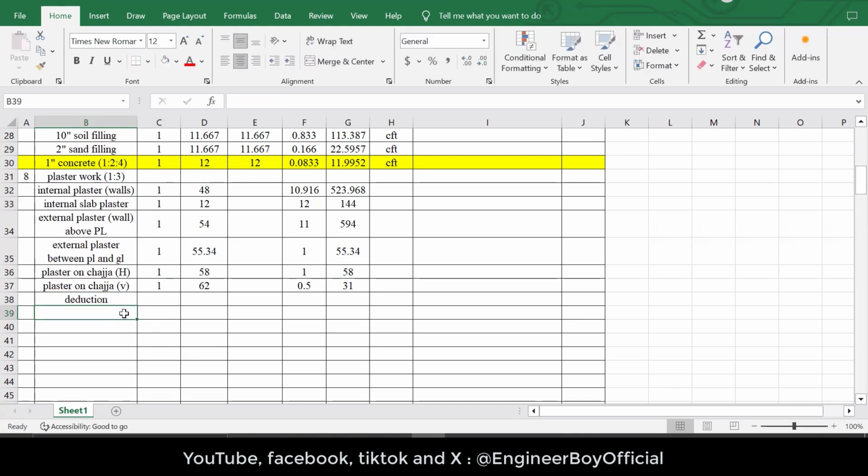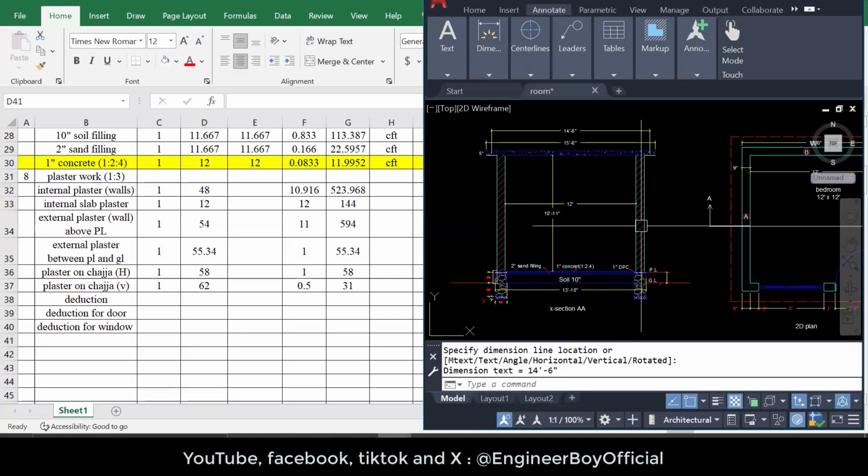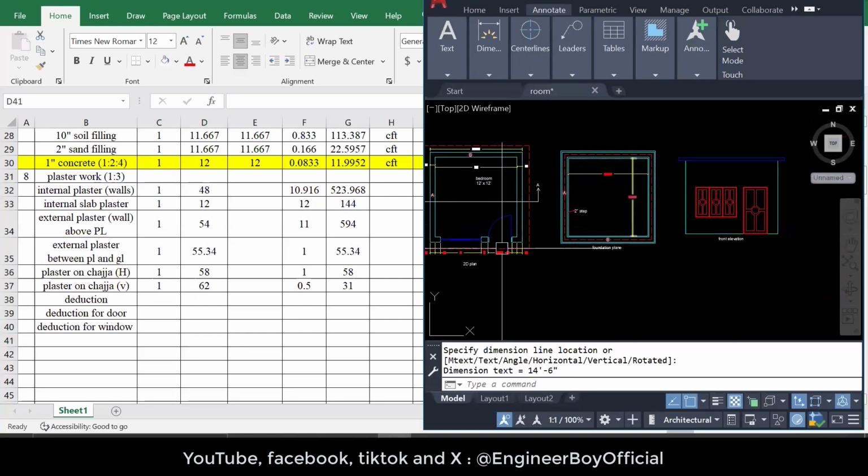So we have deduction for door and then deduction for window. And remember, door is 1, window is 1. But this time I'm not gonna put 1 and 1 because there are two sides of the door and window. Two sides of plaster have been covered. Let me show you that. Let's say this is the door.